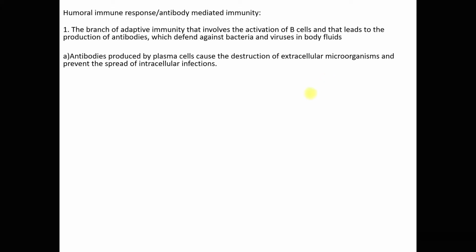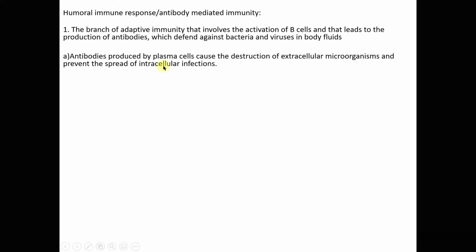And as you have learned before, there are 5 antigen antibody interactions. The antibodies produced by these plasma cells will go around, and those antigen antibody interactions happen when an antibody comes across an antigen, bacteria, or other pathogens.